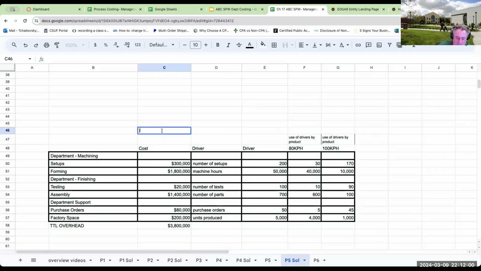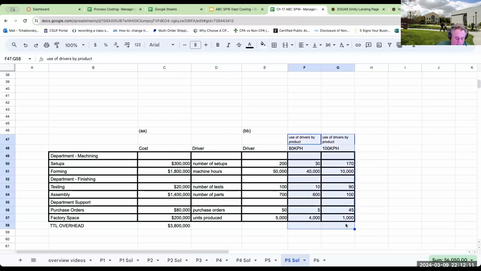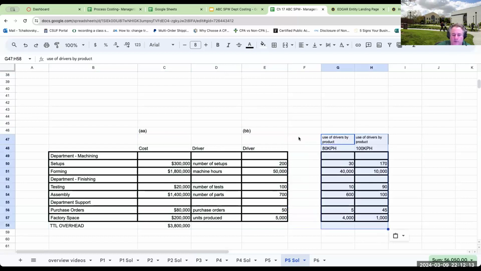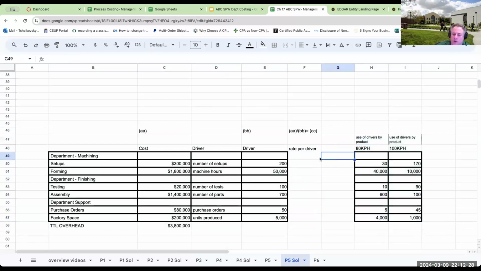We're going to take the total cost and divide it by the driver. When I take the cost and divide it by the driver, I get a rate per driver.